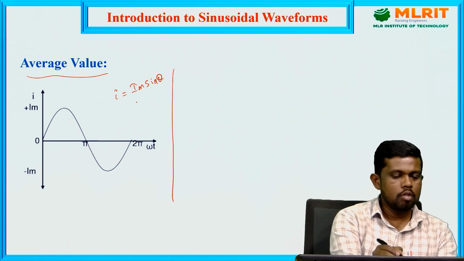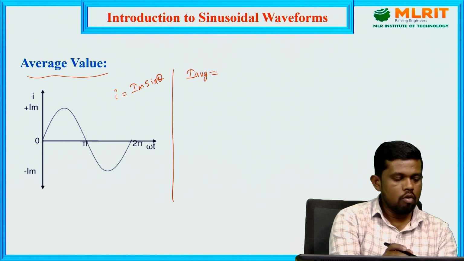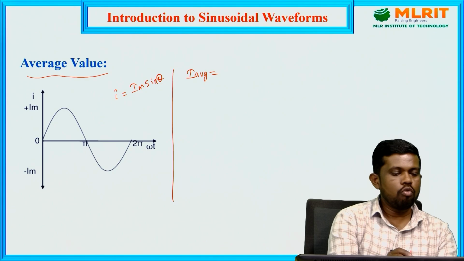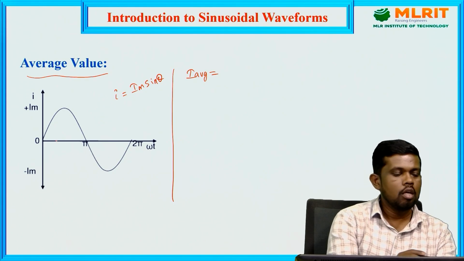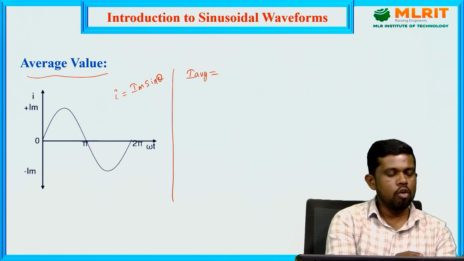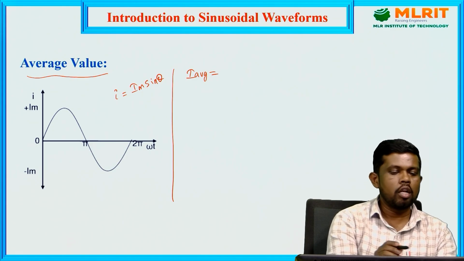So I average is what we want to find here. That means we need to find the average value of the sinusoidal waveform.